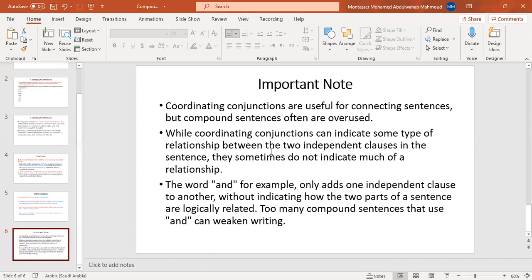So while coordinating connectors or conjunctions can indicate, of course, some type of relationship between the two independent clauses in the sentence, especially so and but, however, they sometimes don't indicate much of a relationship, especially when we are talking about the coordinating and.